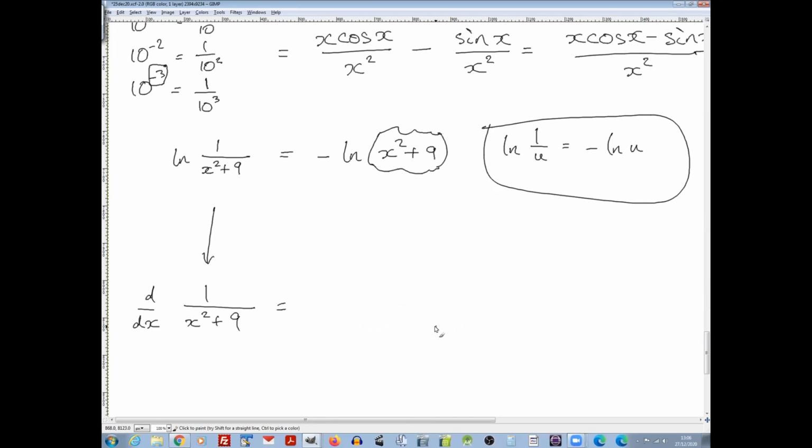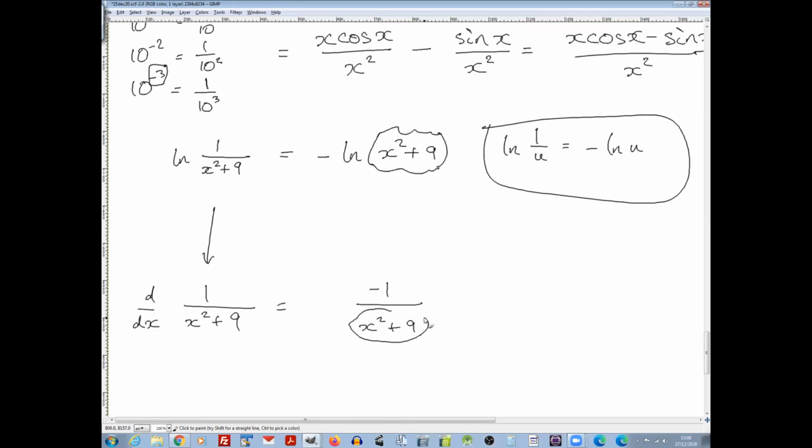Well, ln differentiates to 1 over x, doesn't it? 1 over anything, yes. So ln differentiates to 1 over blob, so we'll get minus 1 over x squared plus 9. Good.